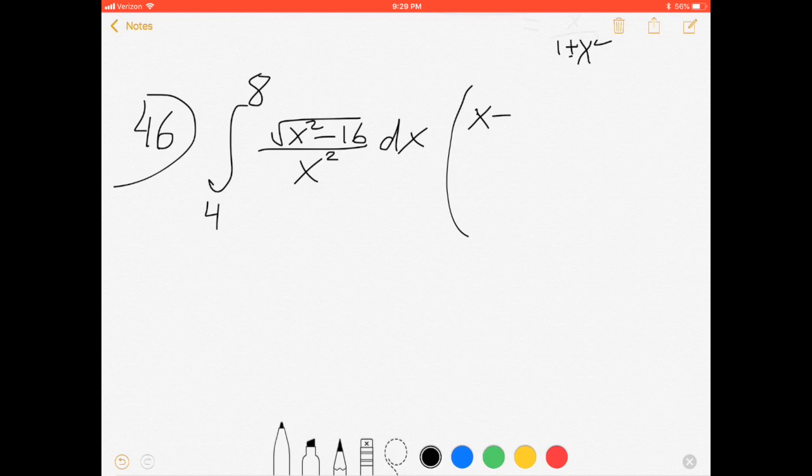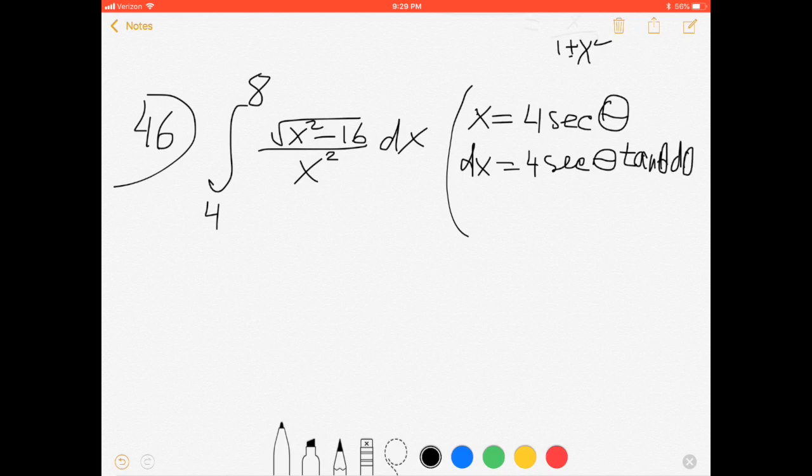This means our substitution is x equals 4 secant theta. Okay, dx will be 4 secant theta tangent theta d theta.